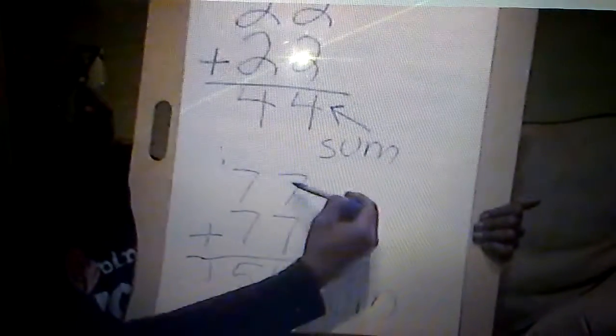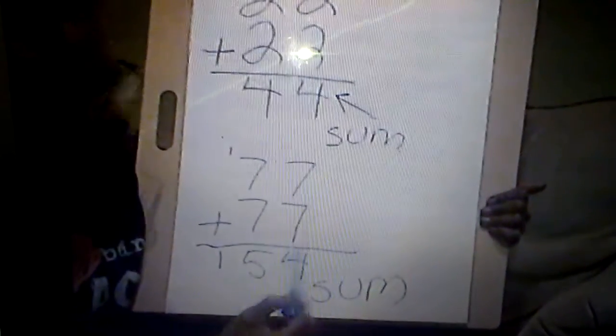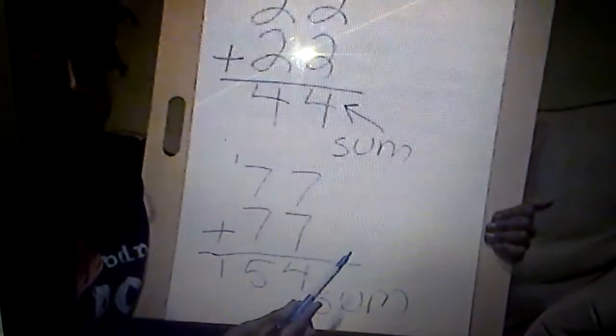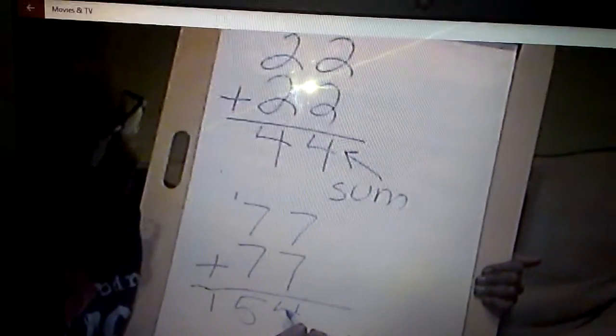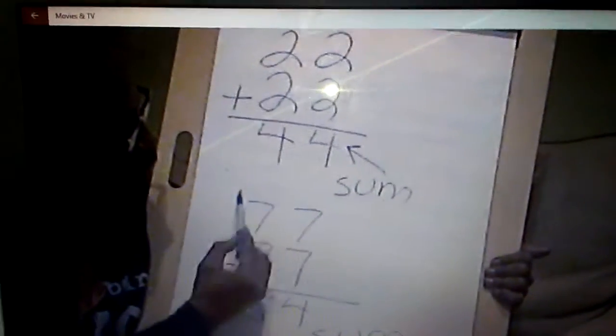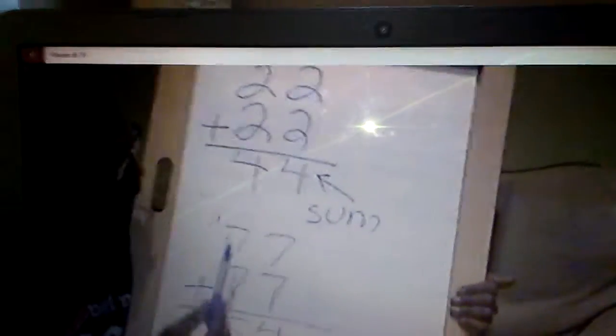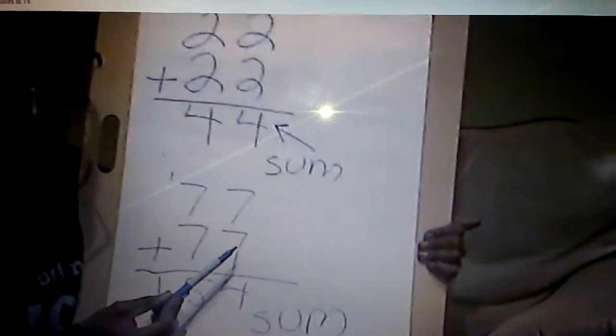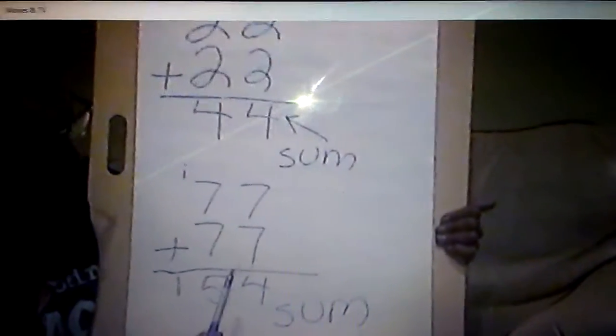As you see, 7 plus 7 is 14. Writing 14 as it is written, the 4 is on the right-hand side. You write the 4 below the line, and you carry the 1 over to the next column. Add 7 plus 7, that's 14, and you add the 1 from the previous column, results in 15, and you write that below the line.